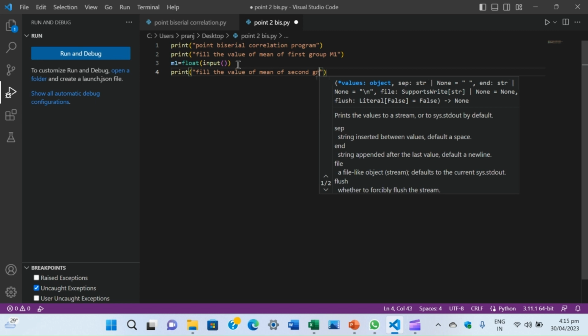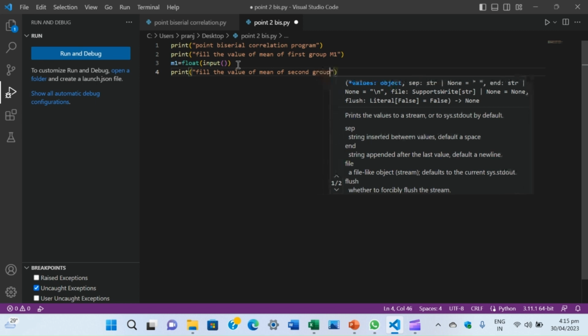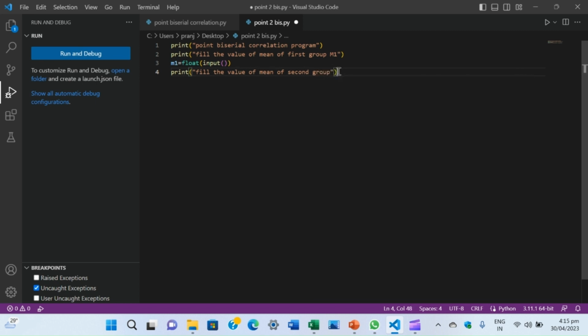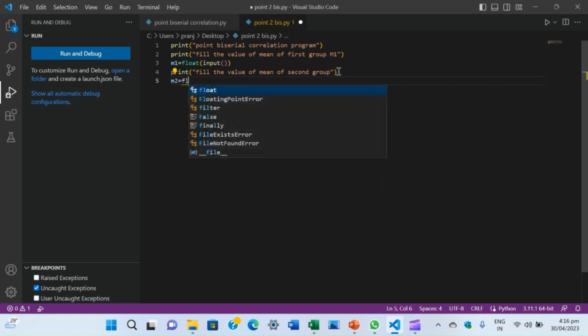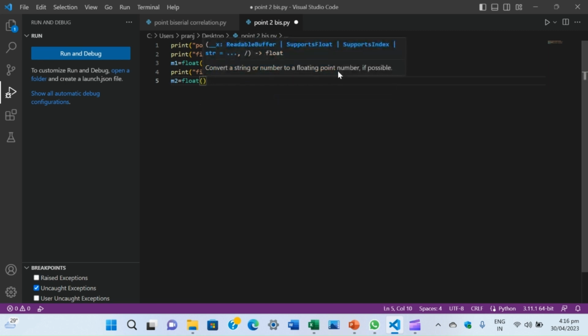For inserting the value of the mean of the second group, we write code in Python. For this we define the m2 variable, m2, that is the mean of the second group, and the nature of this is float, similar to m1, and bracket, input, again bracket.